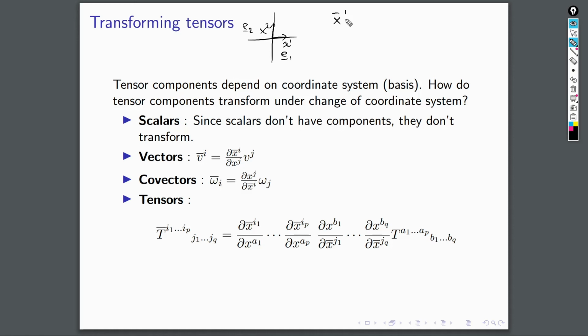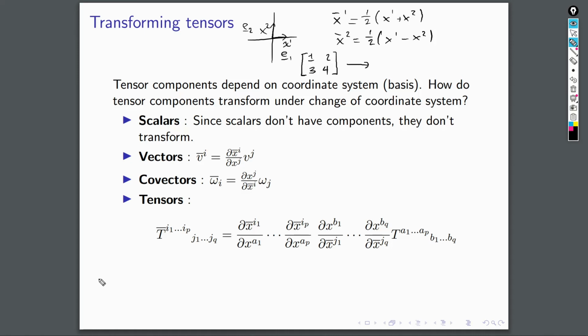So x bar 1 is going to be equal to, let's say, 1/2 x1 plus x2. X bar 2 is 1/2 x1 minus x2, okay? So if we have the matrix 1, 2, 3, 4, these components with respect to our original coordinate system, what's it going to transform to?